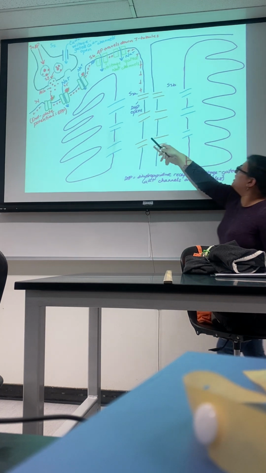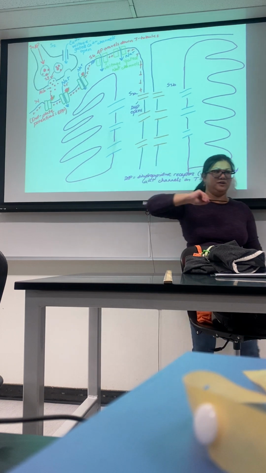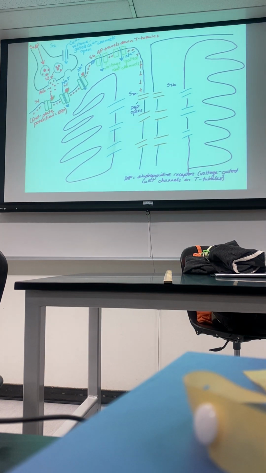Okay. So the action potential travels down the T tubules, your DHP opens. But almost simultaneously, you're going to notice that these DHPs are physically tethered to another type of calcium channel that is on your sarcoplasmic reticulum. So here's the SR, right? So if that is a DHP, this guy right here is called an RYR.